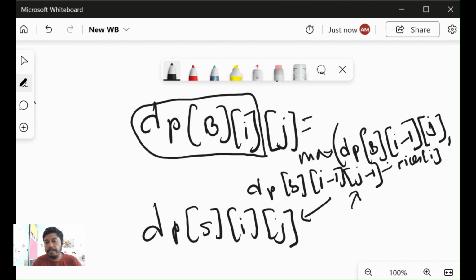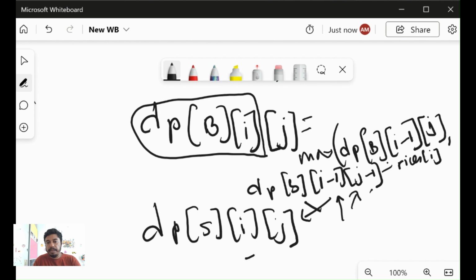So if my buy activity starts the jth transaction, then the prior sell activity which I am following up should end at the j minus 1th transaction. That's why I am having j minus 1 with the sell activity from the previous transaction, and also till day i minus 1, which is the same as before.